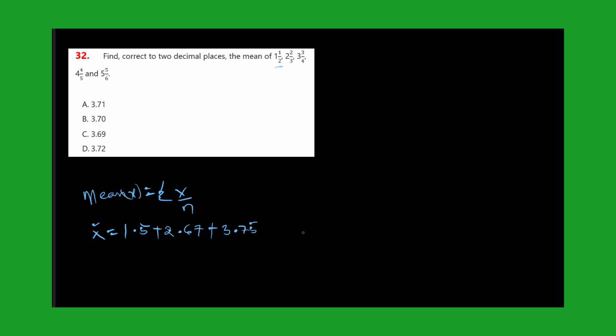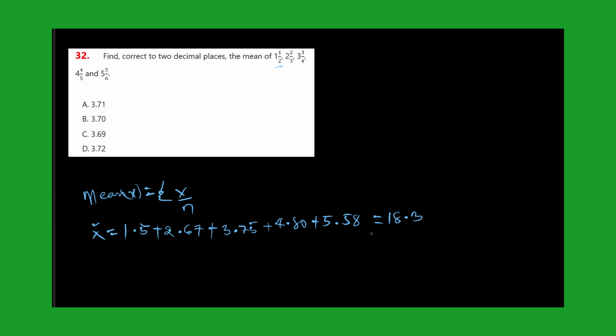Actually, I'm using my calculator, so you can use the calculator as well. Then 4 4/5 will be 4.80. Then 5 5/6 will be 5.58.